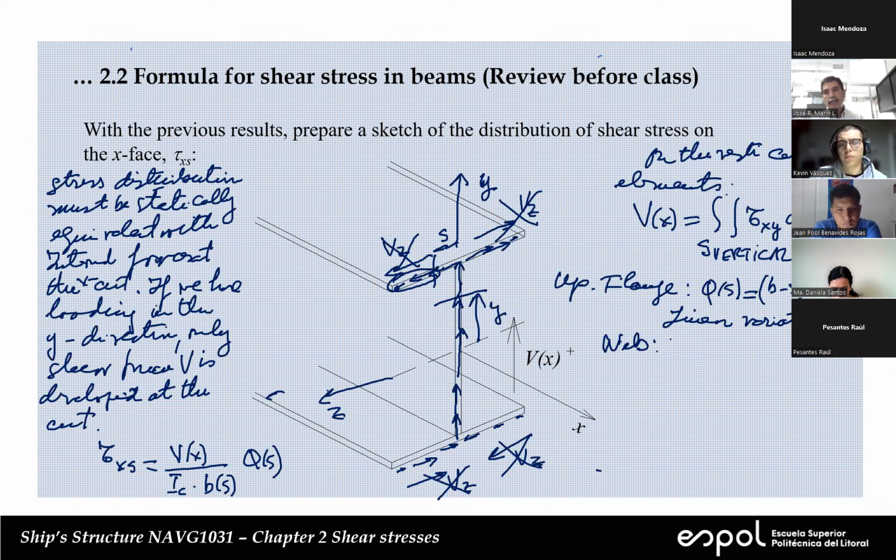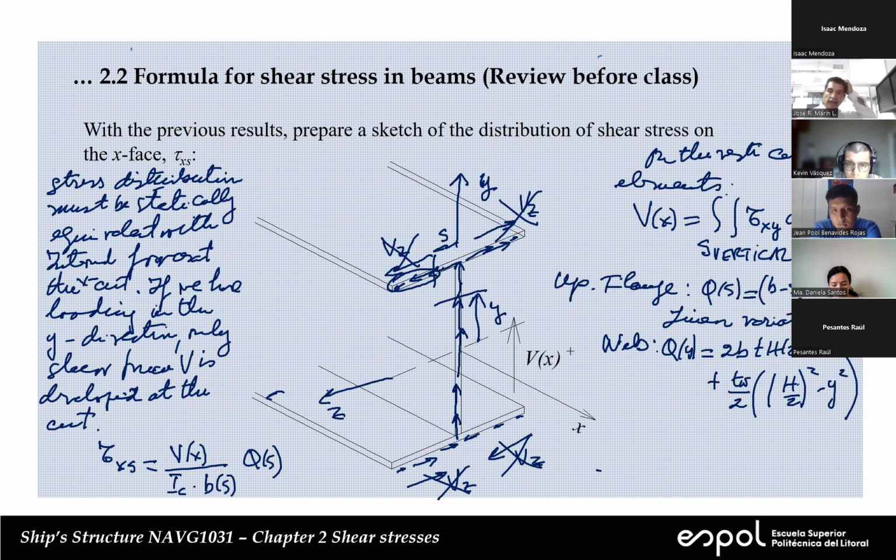So it's going to be Q of Y. For the flange, it's going to be 2B T times H over 2. You have to add T of the web, maybe the T of the web is different than the T of the flange, divided by 2. Then we have H over 2 squared minus Y squared. That's that exercise that we made a couple of sessions ago.